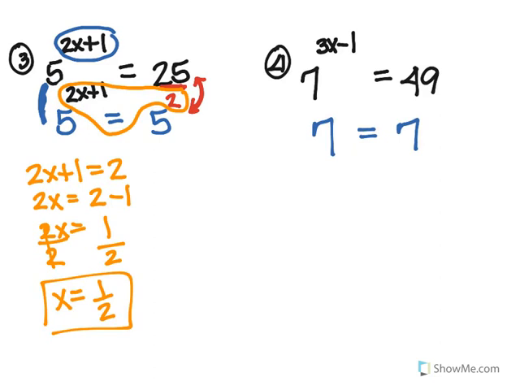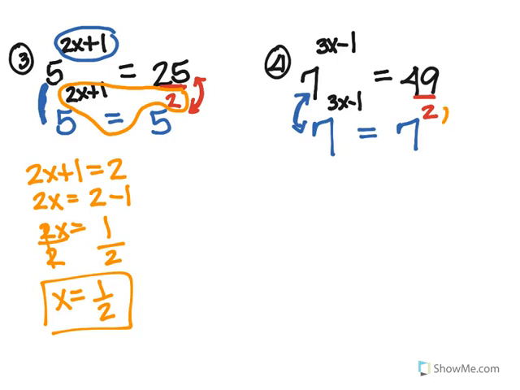So on the left side, there's no change from here to here. In order for me to stay 7, I'm just going to raise it to the first. So I'm just going to bring down my 3x minus 1 as the exponent. And then on the right side, in order to get 49, I'm going to raise 7 to the second power, because 7 times 7 is 49.